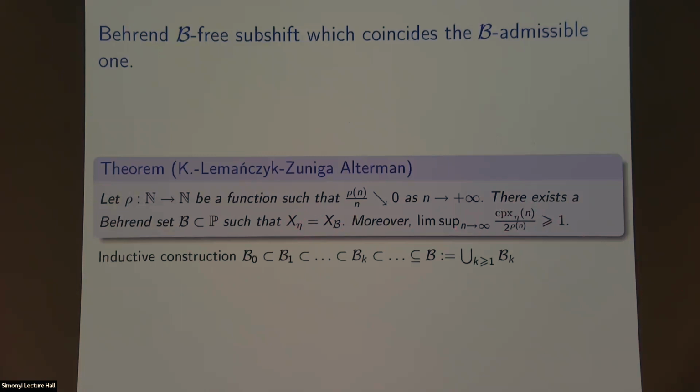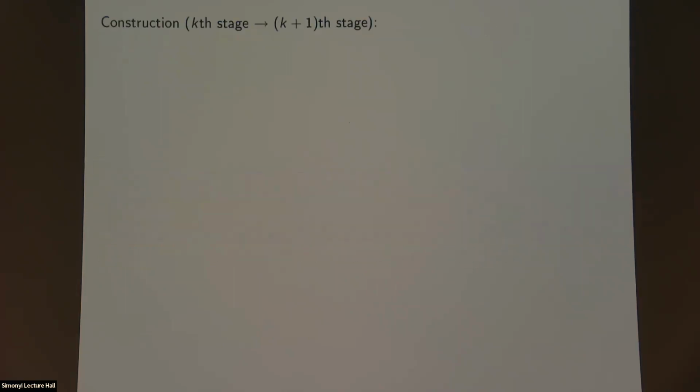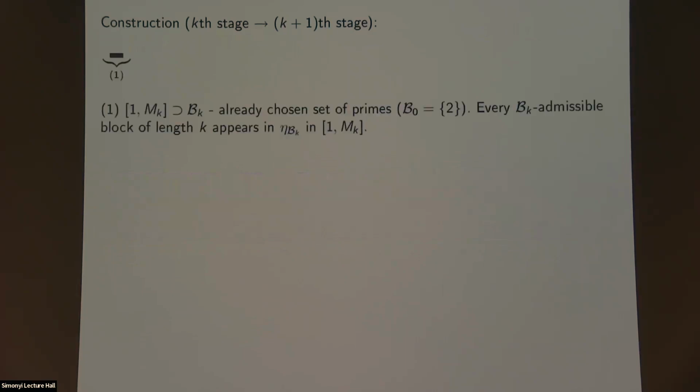You can imagine that you inductively construct finite subsets, an increasing family of subsets, and B will be the union. And I believe that for people working in dynamical systems, this construction is something standard. Let me show you the idea of the passage from the k stage to the k+1 stage. Imagine that this bar represents the set Bk, or the interval in which Bk is contained.